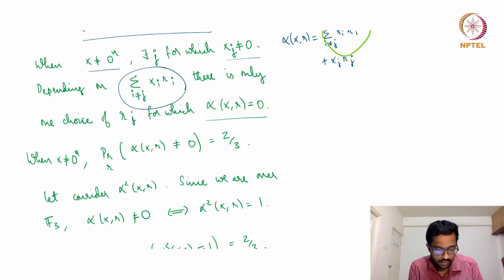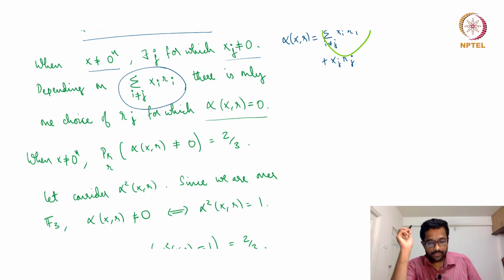Okay. So just to summarize, when x is not the all 0 vector, the probability that alpha is not 0 is 2 by 3. Right? For the other choices of r_j, alpha will not be 0.